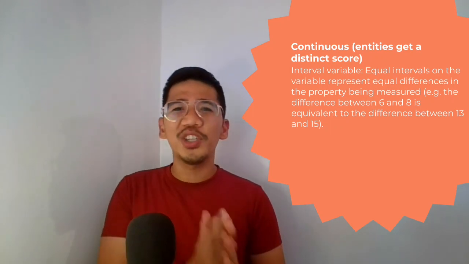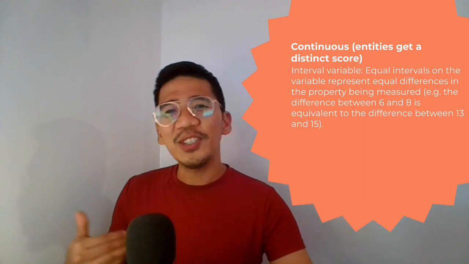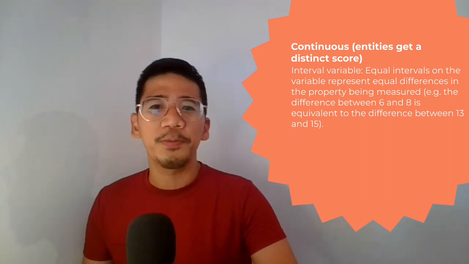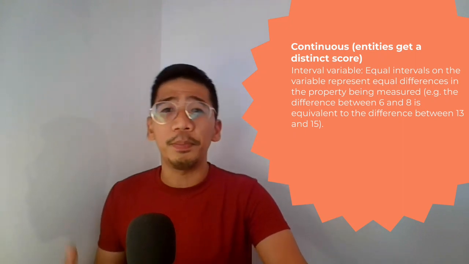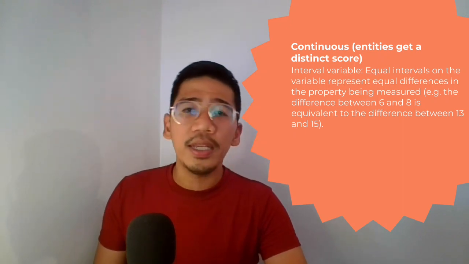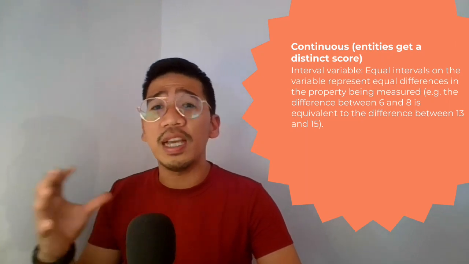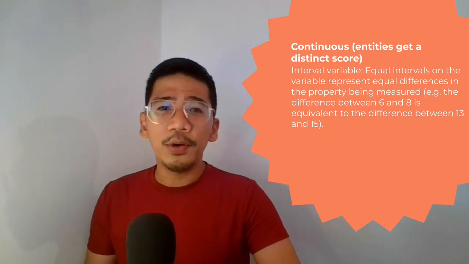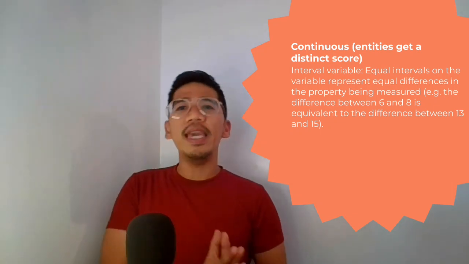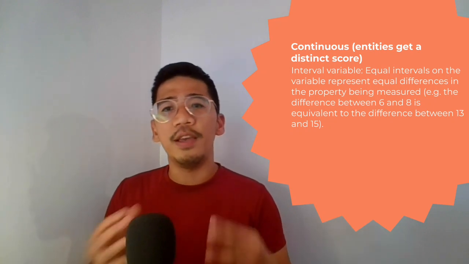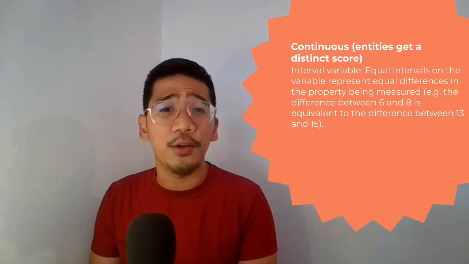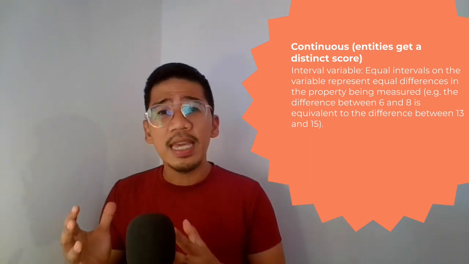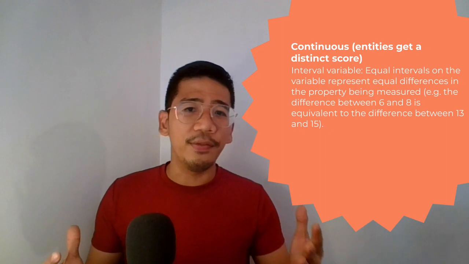For example, on Shopee, customers are encouraged to rate their sellers on several dimensions. Each dimension, for example, product quality, seller service, and so on, is evaluated using a 5-point scale represented by stars. For this scale to be interval, it must be the case that the difference between a product quality rating of 1 and 2 is the same as the difference between, say, 3 and 4 or 4 and 5.